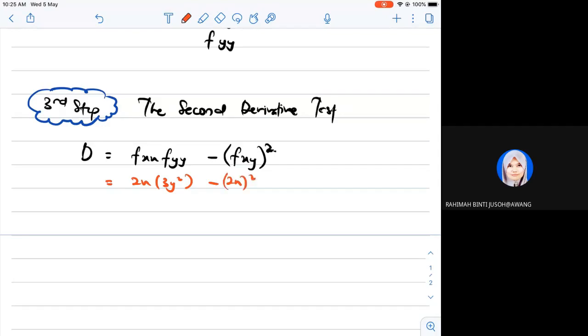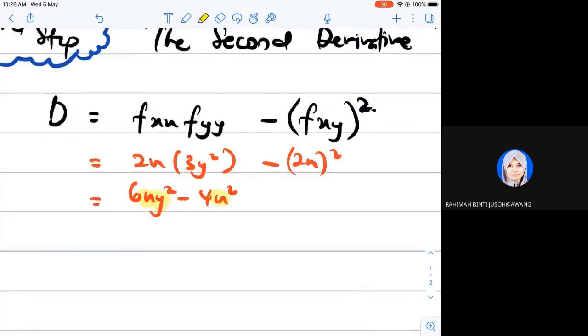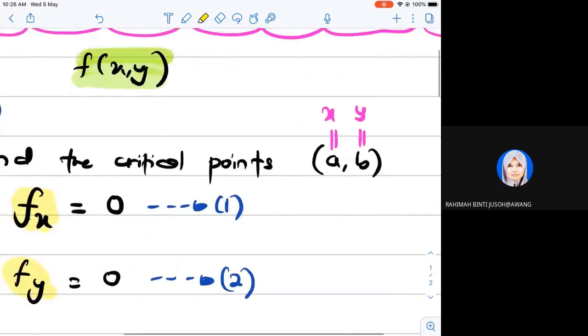Kuasa 2. Contoh macam ni kan. So you will get 12 pula 6xy squared minus 4x kuasa 2. So untuk cari D ni you kena gantikan nilai x y ni. So kat mana nak ambil x y yang hasil dia ni adalah comes from this critical points lah.